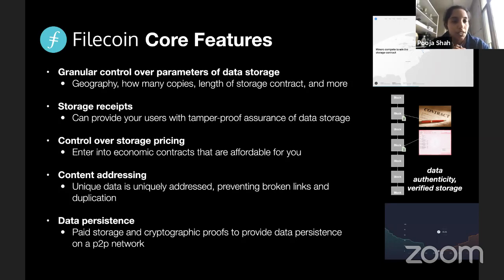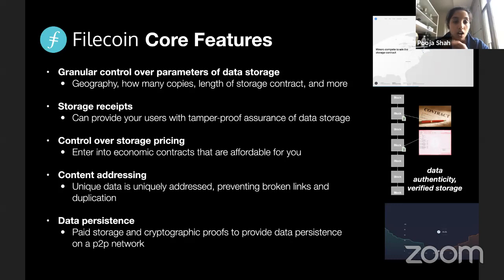The second core feature is this idea of the storage receipts that I mentioned. I think this is an interesting one because Filecoin bakes in this idea of fighting misinformation almost. I like to think of the use case where you want to store a particular document on the Filecoin network. When you do, that content identifier is stamped into the blockchain at a particular block height.